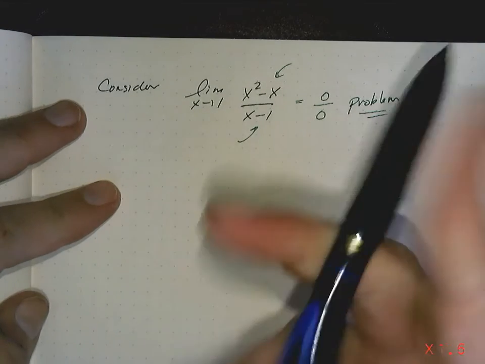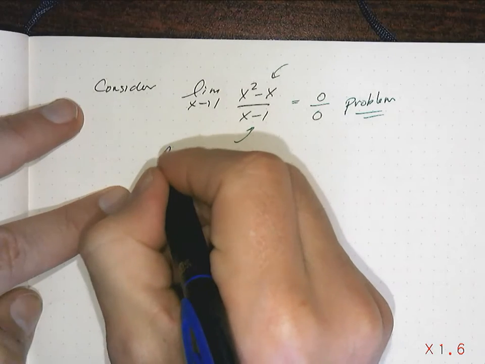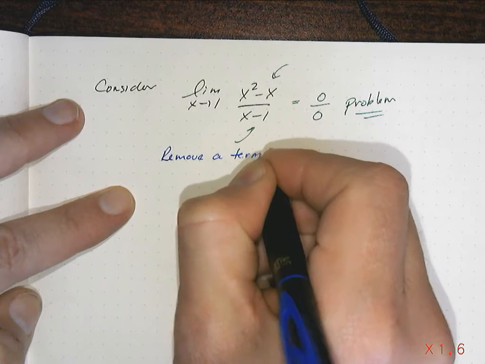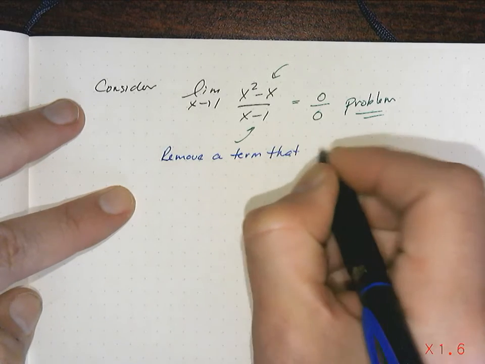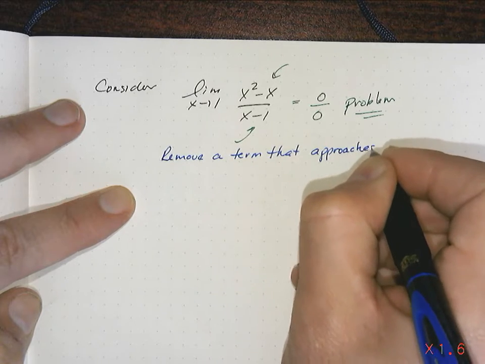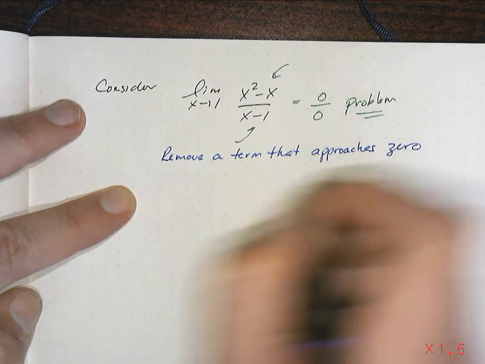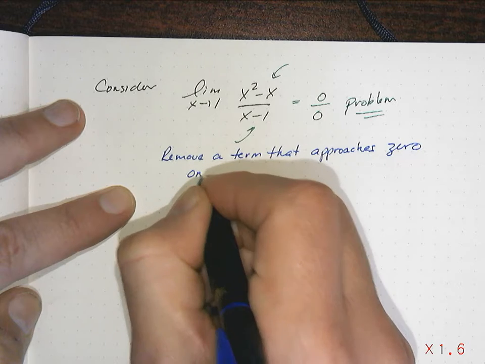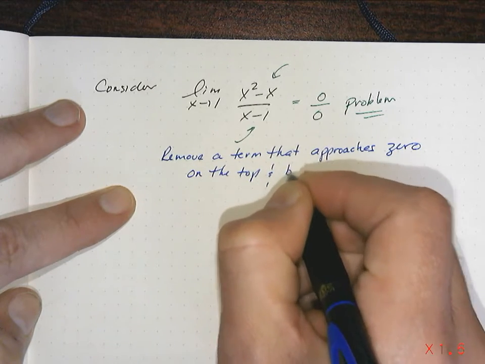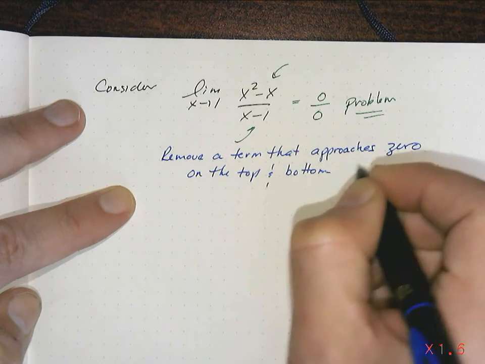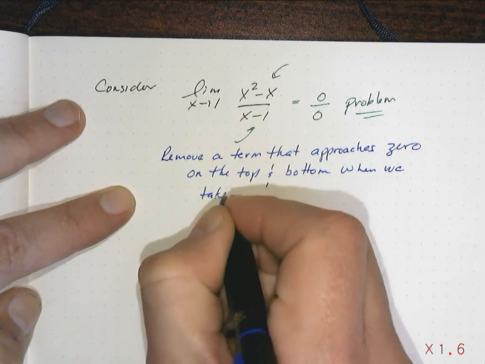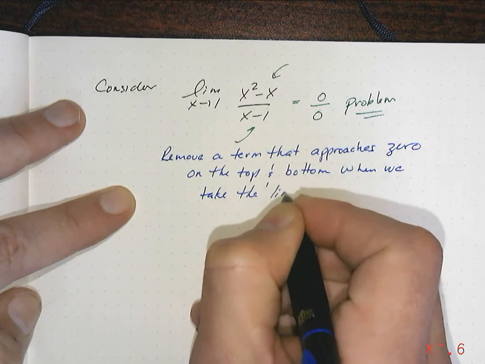I want to remove a term that approaches 0 on the top and bottom when we take the limit.